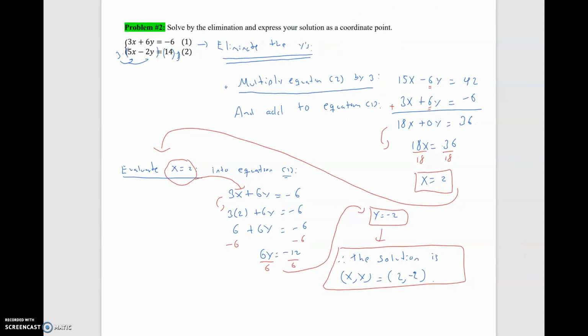That's it for this problem. As I mentioned before, it was a lot easier, or it would take fewer steps, to solve the system by eliminating the y's.